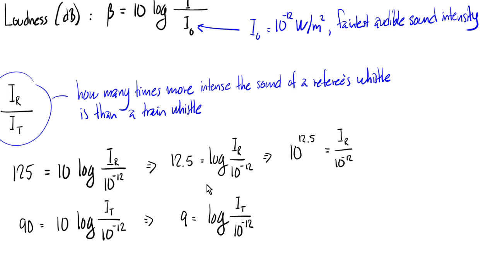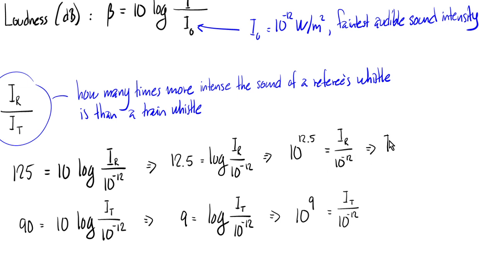So we have converted from logarithmic form to exponential form so that we can get to the sound intensity. We want to be able to isolate that. We're going to do the same thing down here. The base is 10, the exponent is 9, equals the argument of the log. And now we can isolate the sound intensity: multiply both sides by the constant.